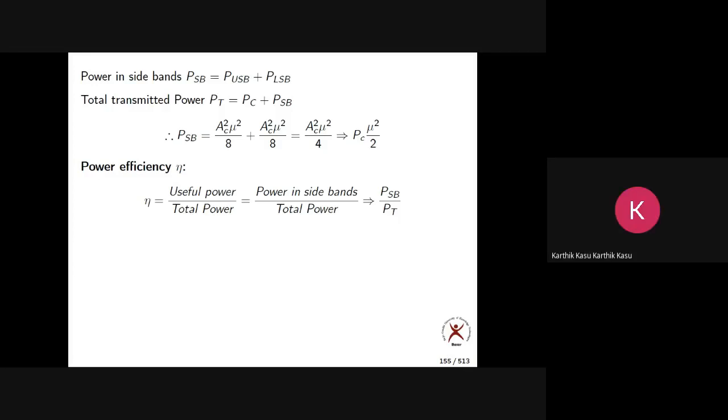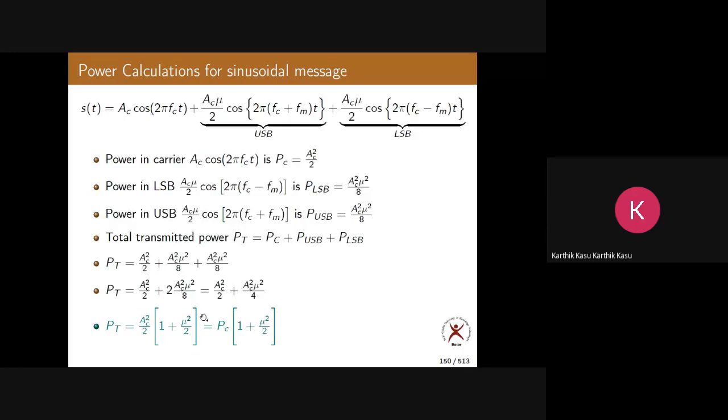You can calculate in your mind, very simple calculations. So PSB by PT is PC mu square by 2 by PC into 1 plus mu square by 2. What is PT? I told you just now. Okay, so this is PT.